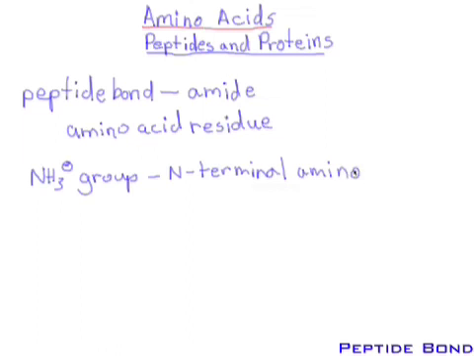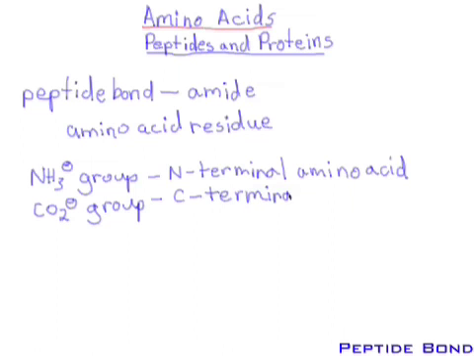The amino acid in the peptide that has the free CO2 minus group is referred to as the C-terminal residue or the C-terminal amino acid.